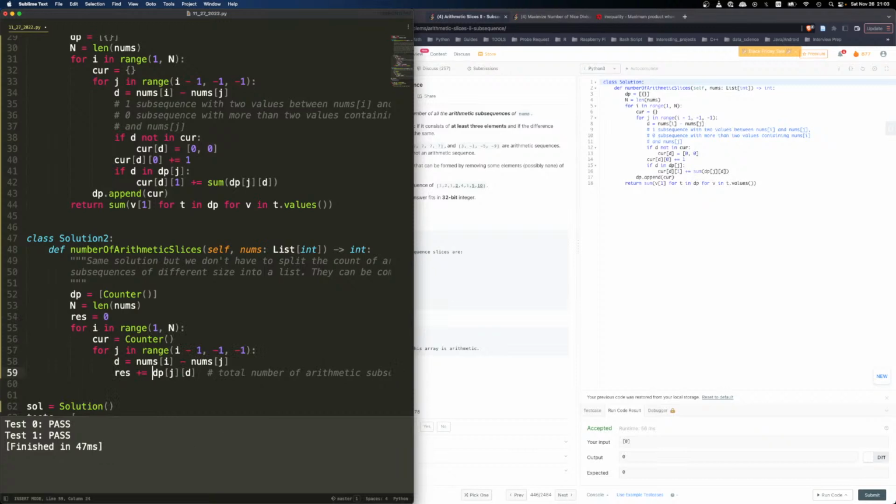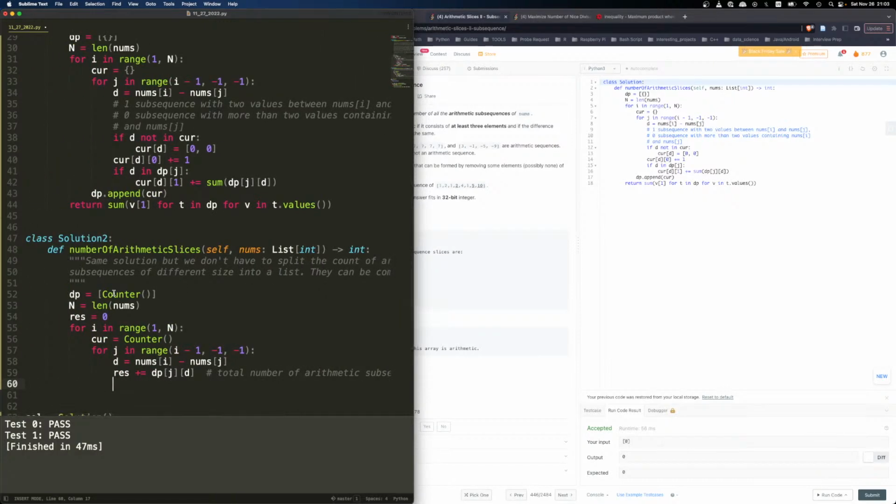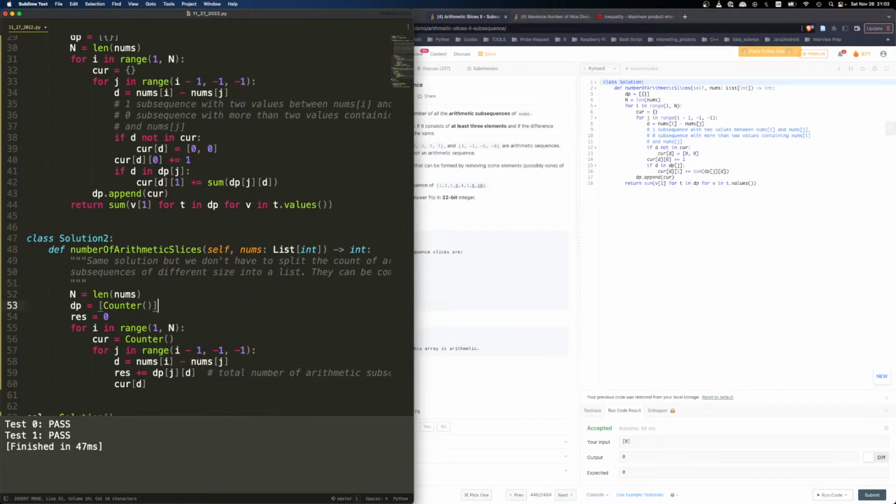Then res just plus equals this, because all of them, adding my current one, will work. So I just add that, right? And then current[d] is going to plus equal to... I don't have to do this. I see your point. That is actually a good point. Can say for j in range n. Then we don't have to do this.